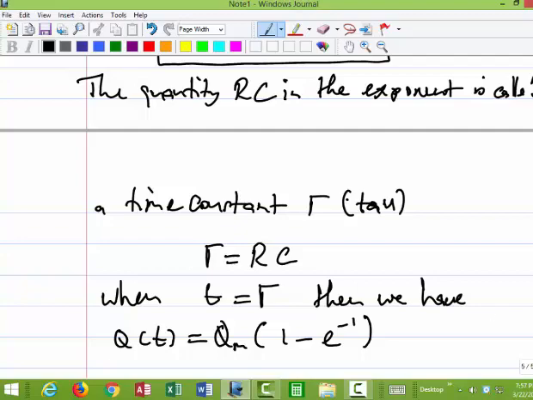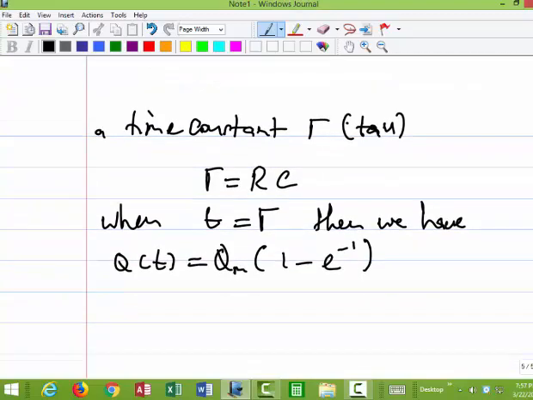So when t is equal to tau, we have e raised to the power minus 1. What is e raised to the power minus 1? It is 0.368.